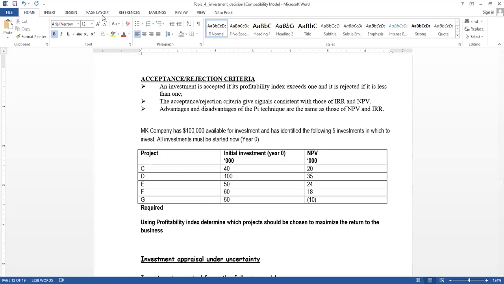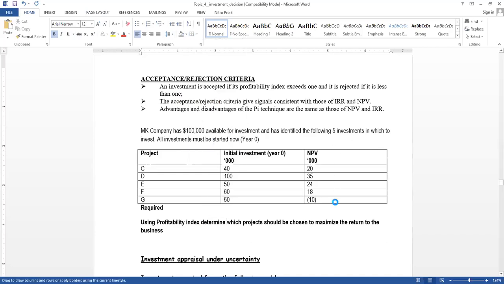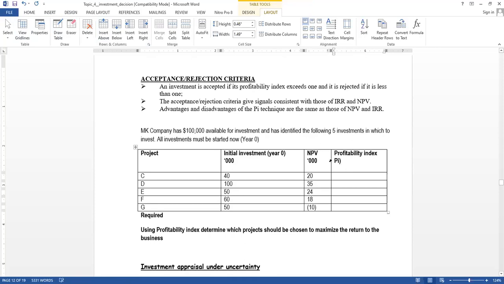Now, what I need to do is that I need to determine the PI, the profitability index, for each of the projects. So what did I say to get the PI?